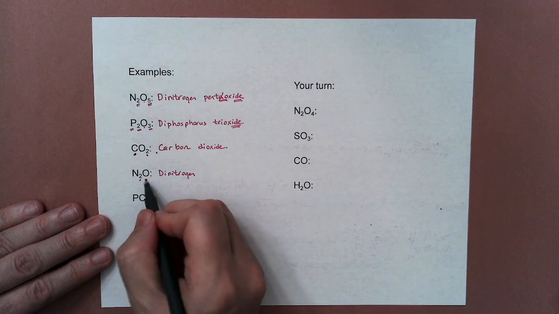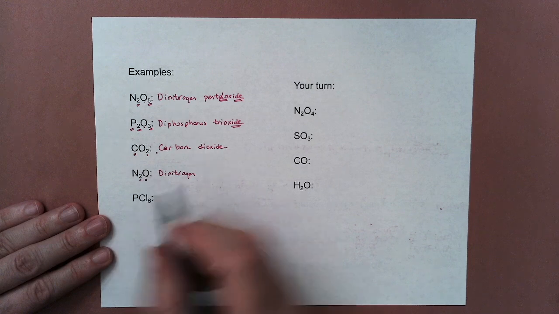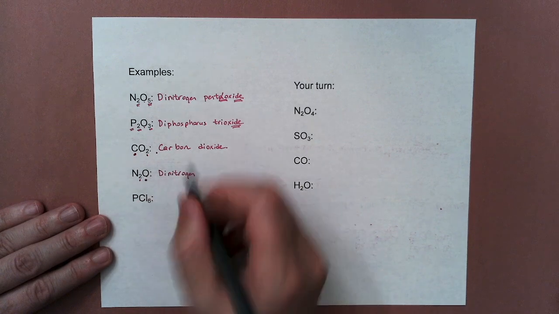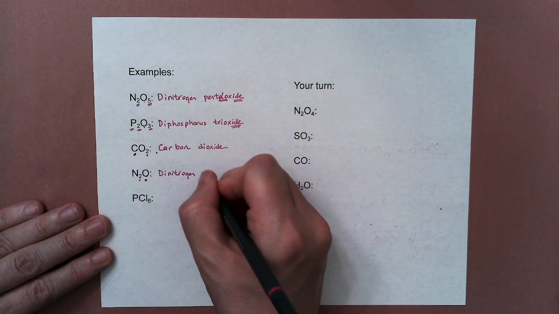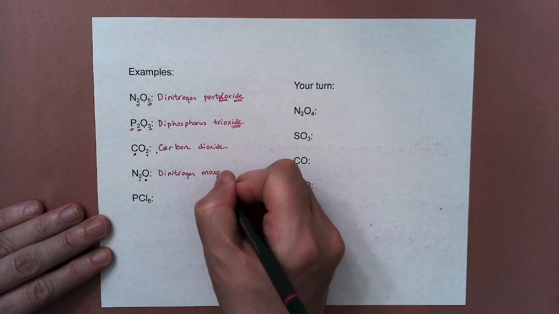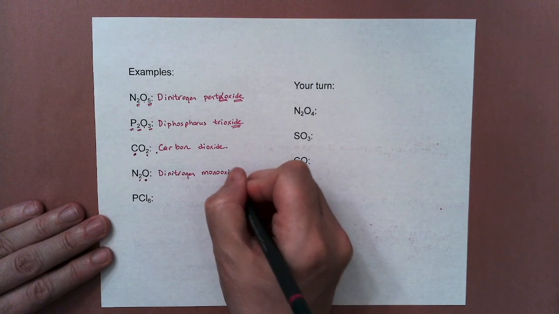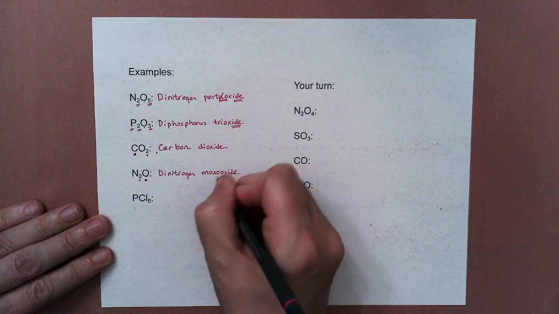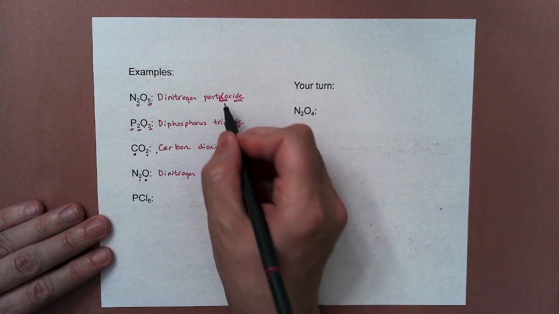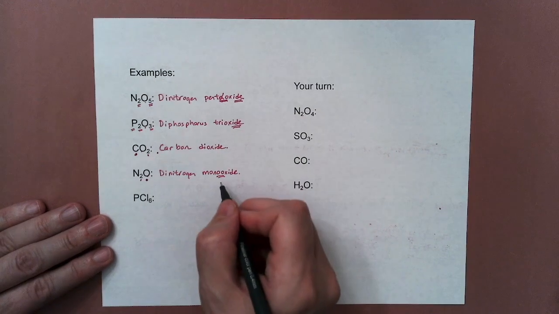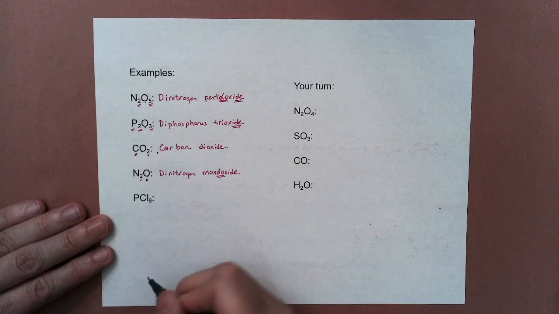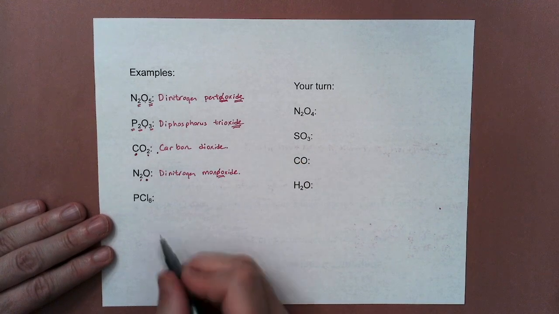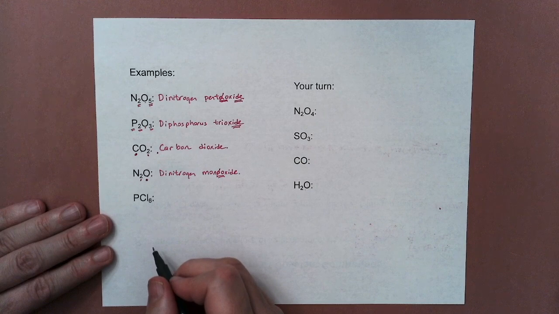So you have 1 of the second nonmetal, but you still are going to be saying the number of it. Mono. Again, it's going to be monooxide. Again, as it was in here, it is hard to say this, monooxide. That's why we drop 1 of these and it becomes dinitrogen monoxide.